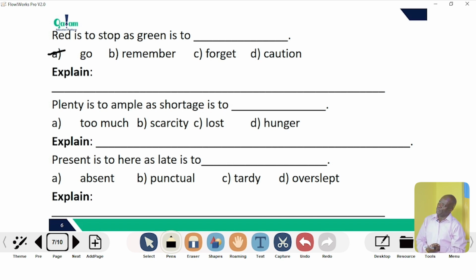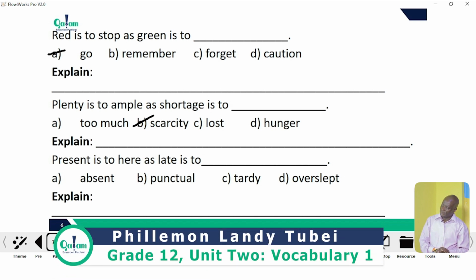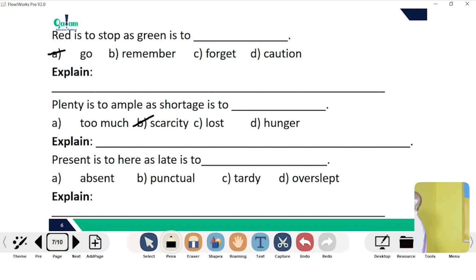Plenty is to ample as shortage is to scarcity. Shortage, scarce, short, shortage, scarcity. Yes. Present is to hear, as late is to tardy.